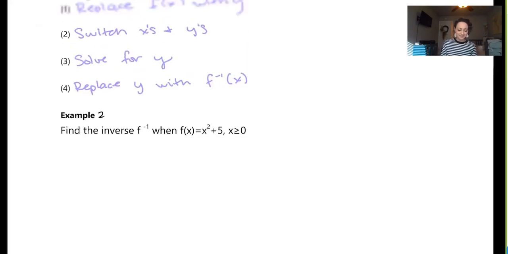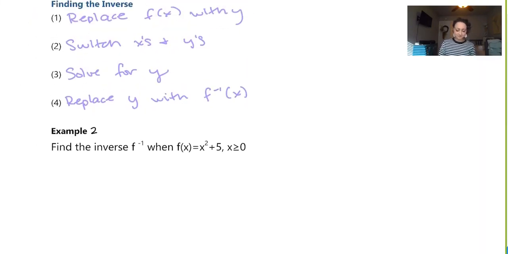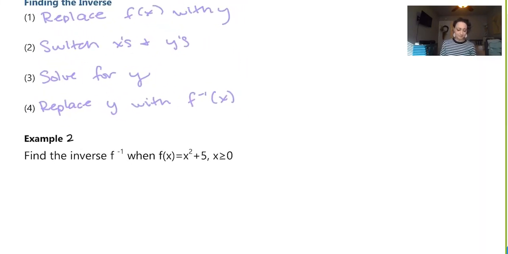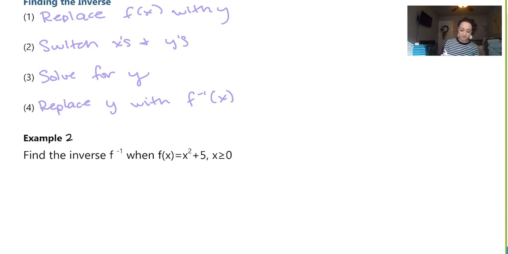All right, so let's take a look at example 2. Okay, so the first thing we are going to do is to replace f of x with y. So I've got y equals x squared plus 5, right? And now I'm going to go ahead and keep this. Now we're going to switch x's and y's. So I've got x equals y squared plus 5.